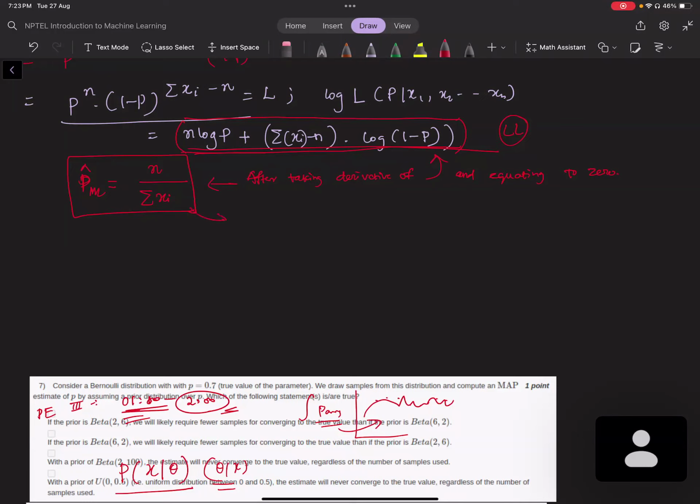If you put the values of x and n here, what is our n?